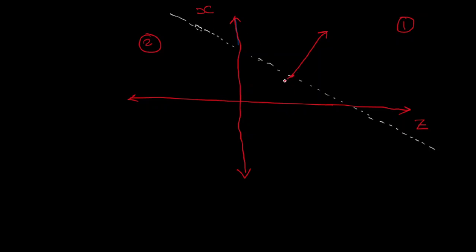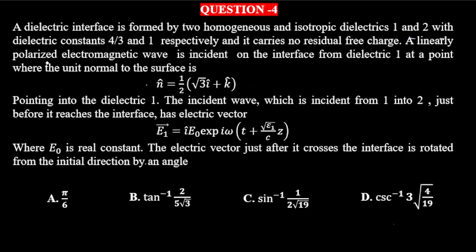So this is the unit normal to the interface. Then, what is told about this incident wave? The incident wave is incident from medium 1 and it has this electric field vector.